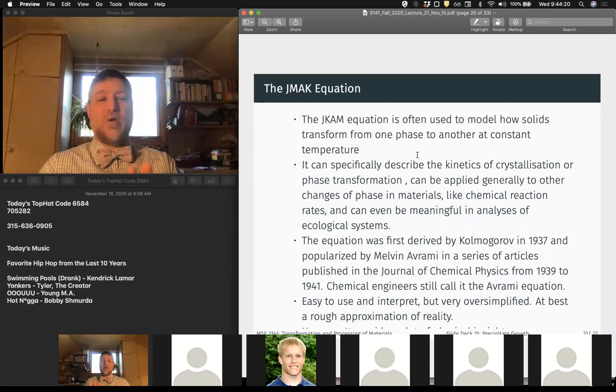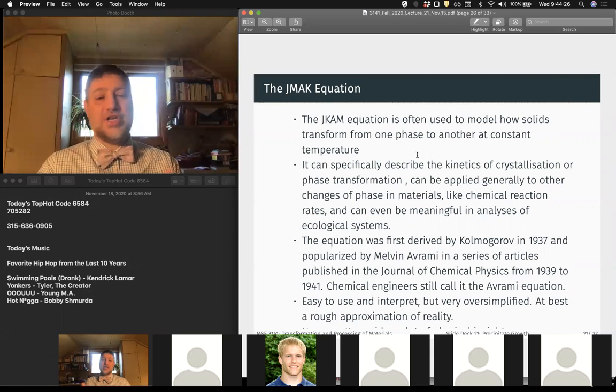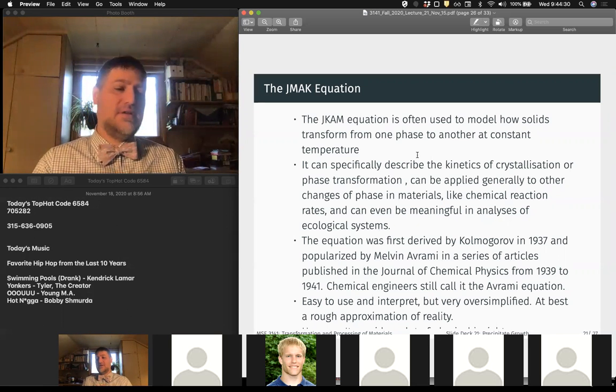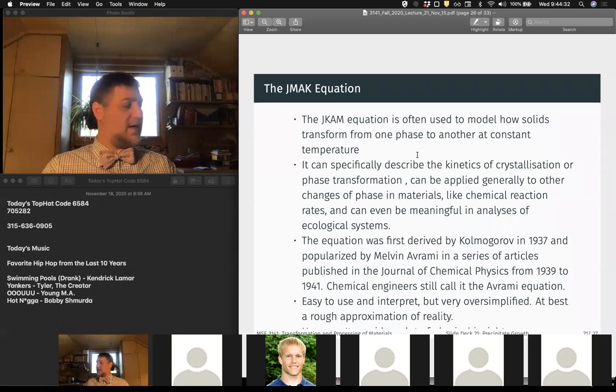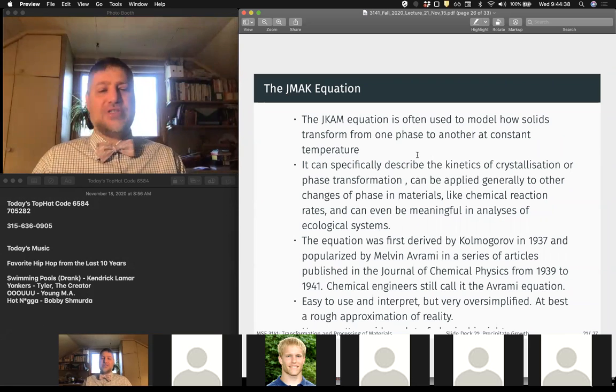So the equation was first derived by Kolmogorov in Russia in 1937, and his work got zero notice, and no one paid any attention to it.